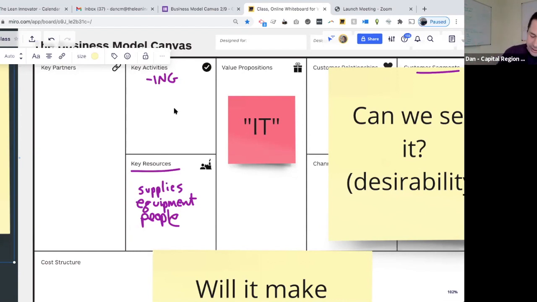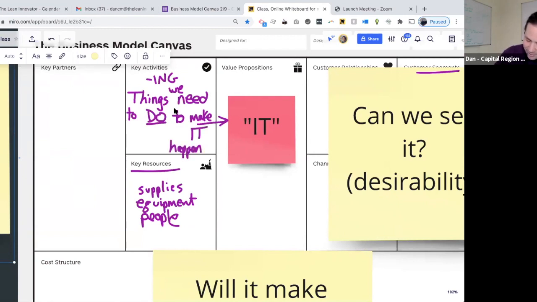So it's basically the things we need to do to make it work, or to make it happen. Okay. All right. So that kind of answers the activities and the resources.